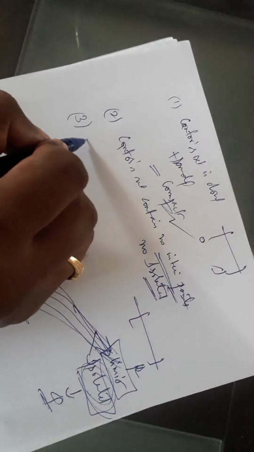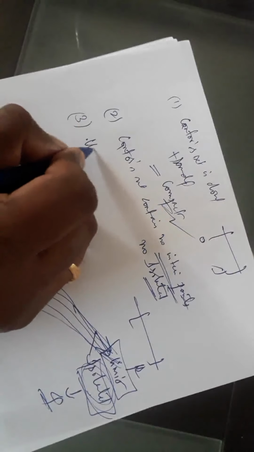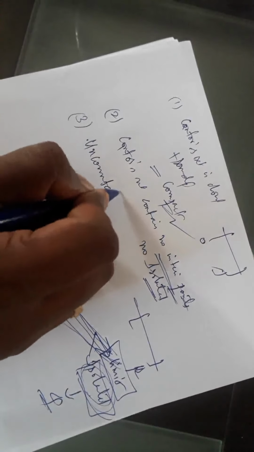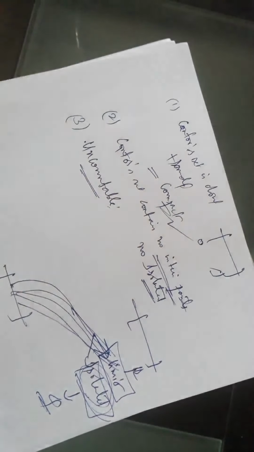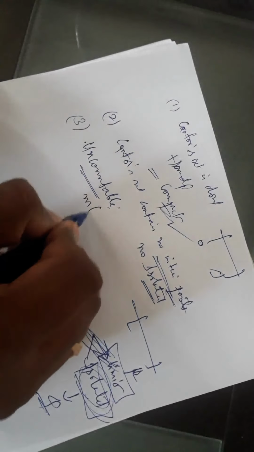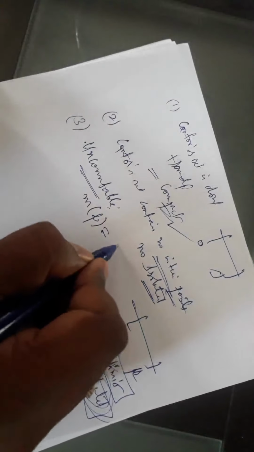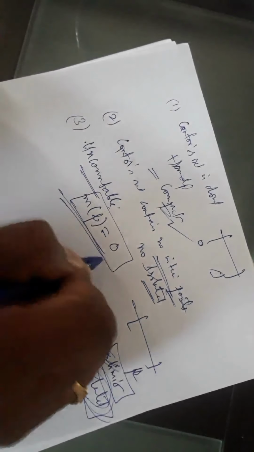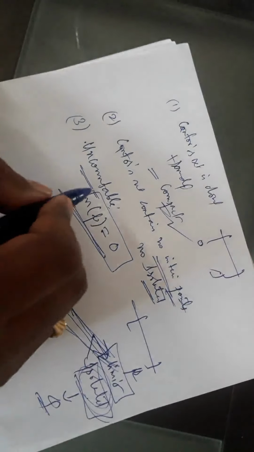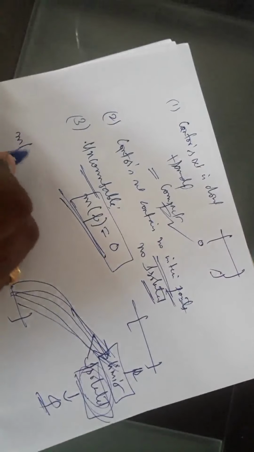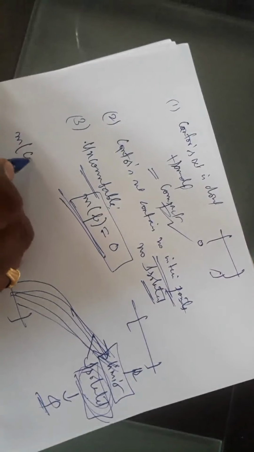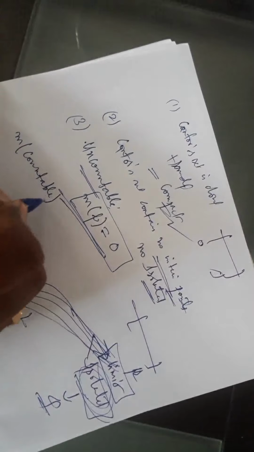And one more thing is, the Cantor set has a special property. The Cantor set is uncountable, yet the measure of the Cantor set is 0. See, the measure of a countable set is always 0.